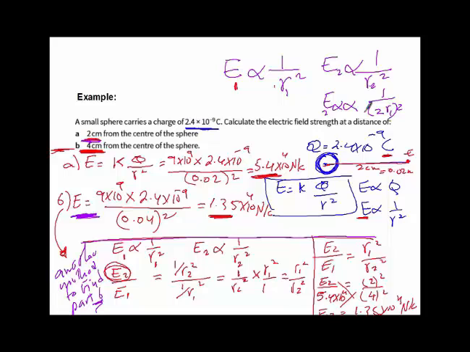So E2 will be proportional to 1 over 4 R squared. 2 squared is 4, and R1 squared.